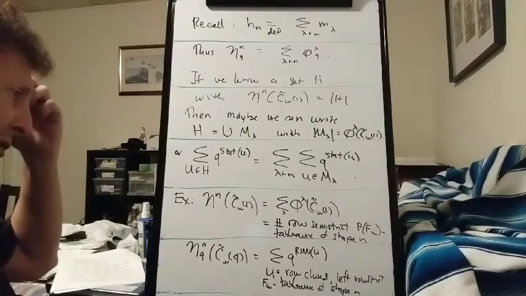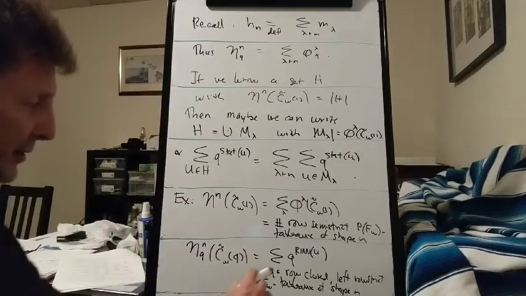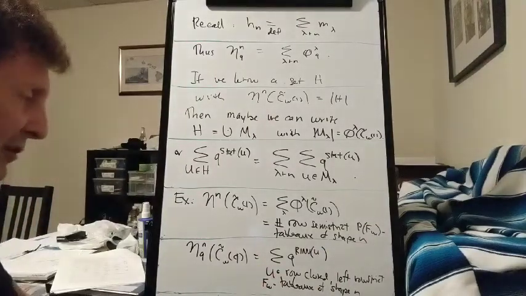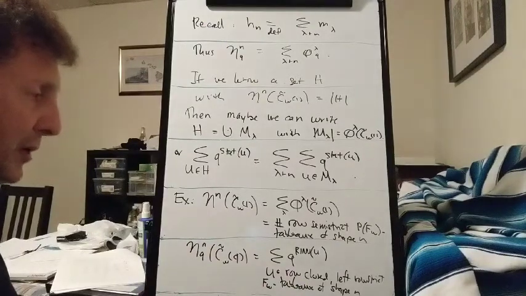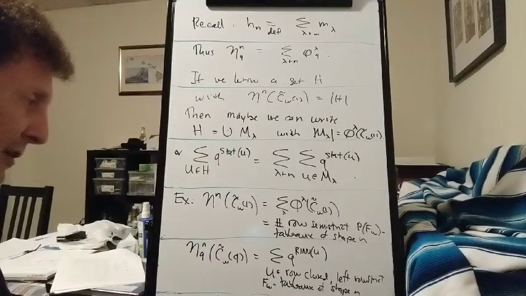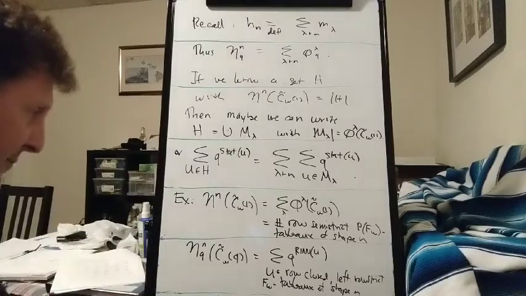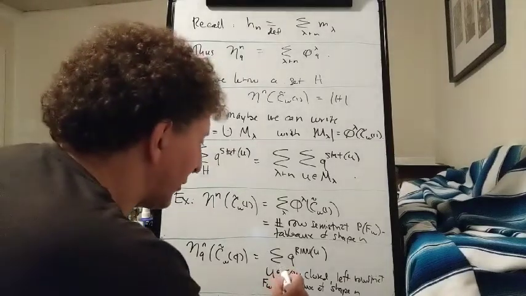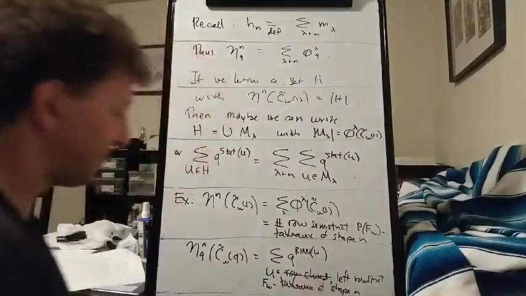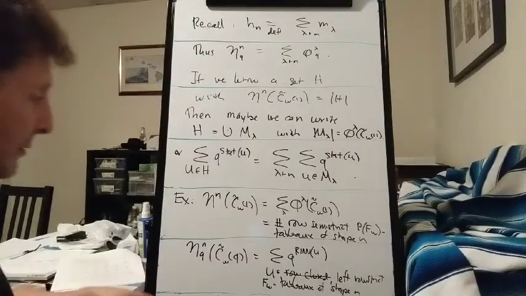So the number of right inversions of U. And actually, it's sort of silly to say row closed because if we have everything in one row, obviously we'll see all indices 1 through n in that one row. So we can leave that out of the definition.